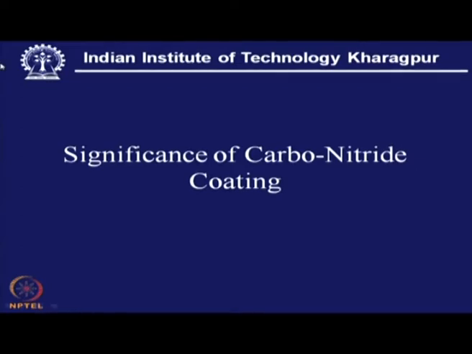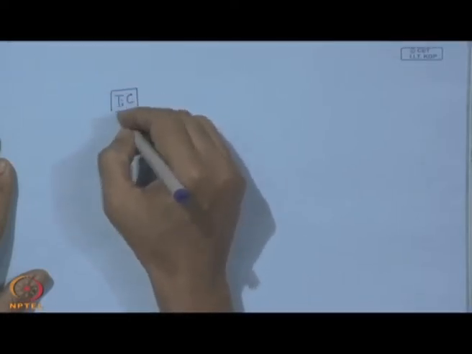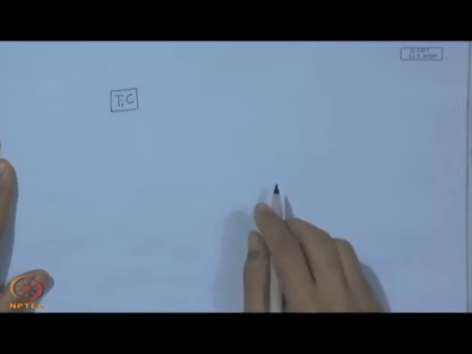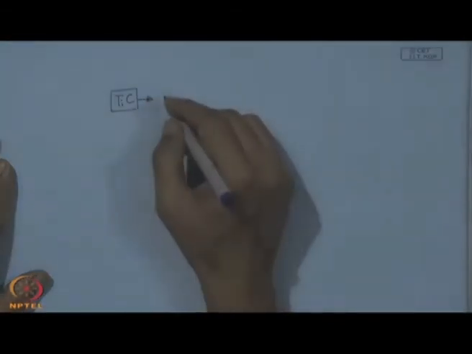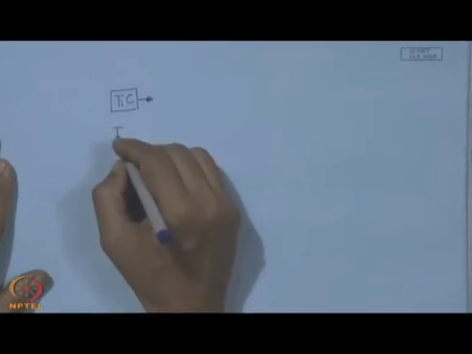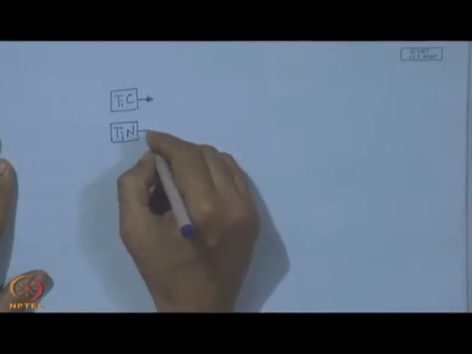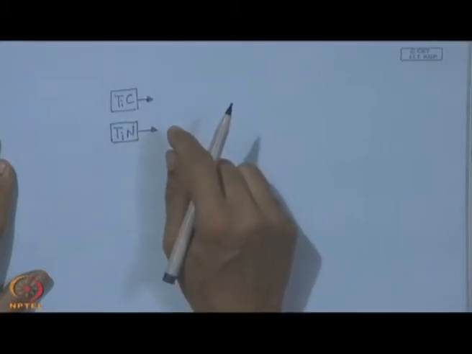TiC, that means this titanium carbide coating, is known for its extraordinary hardness, which means enhancement of abrasion wear resistance. On the other side we also have titanium nitride, which is better known for its anti-welding property and also anti-adhesion property.